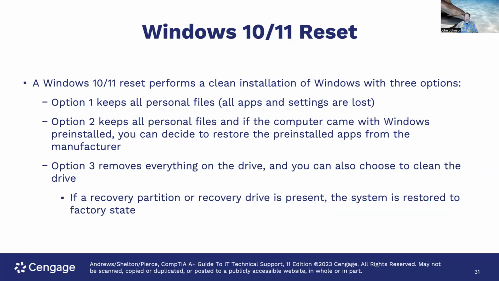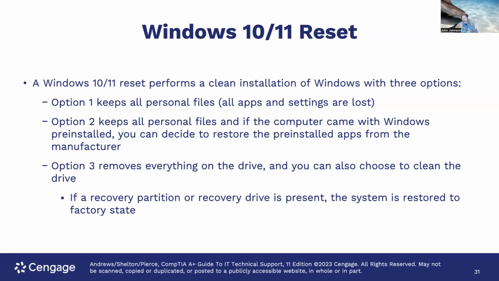So for Windows 10, 11 Reset, once again, it's going up in the order of pain. The Windows 10, 11 Reset is going to perform a clean installation of Windows with 3 options. And again, remember, back up all your files prior to that. Option 1 is going to keep all your personal files, but all the apps and the settings are lost. Option 2 is going to keep all your personal files, and if the computer came with Windows pre-installed, you can decide to restore the pre-installed apps from the manufacturer.